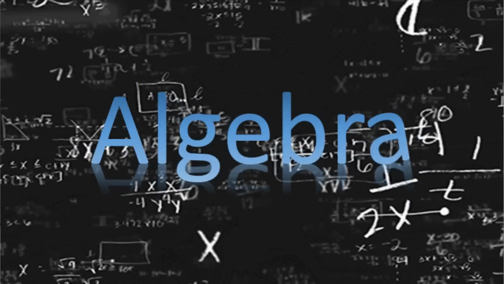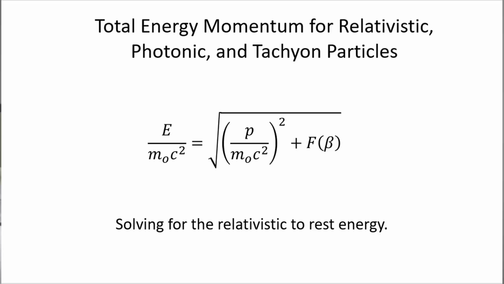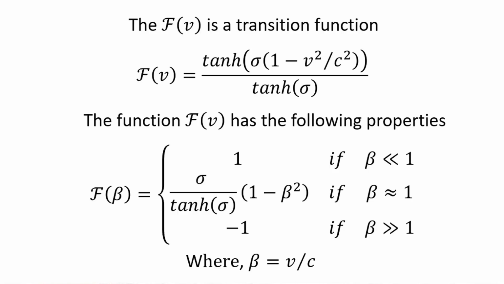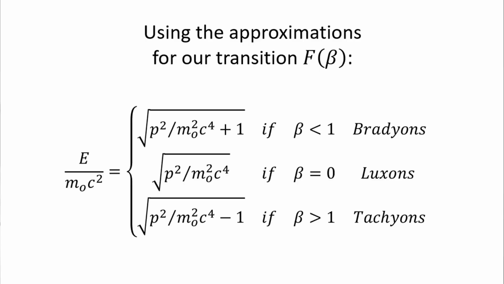After some fancy algebra, we come up with an equation that tells us how our momentum changes relative to velocity. Using our approximations for our transition function, we can define 3 different classes of particles. We can define bradyons, which are particles that travel less than the speed of light.